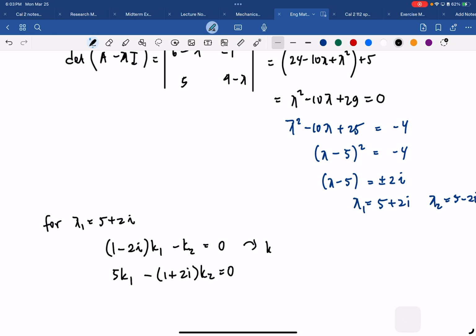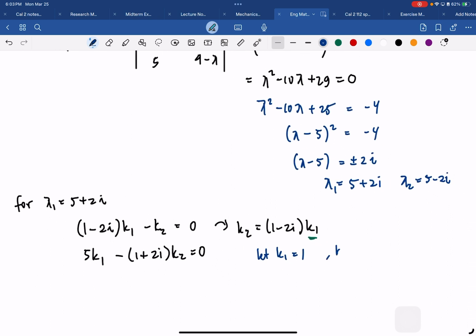From there we have k2 equals (1 minus 2i) k1. So we can let k1 equal some value. Let k1 equal 1, which means that k2 will be 1 minus 2i.